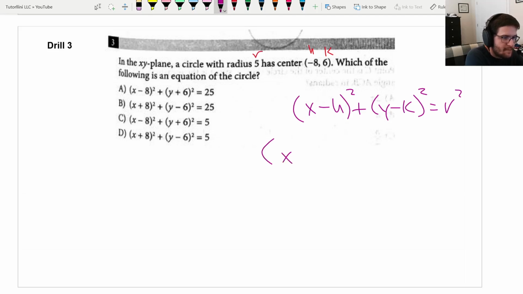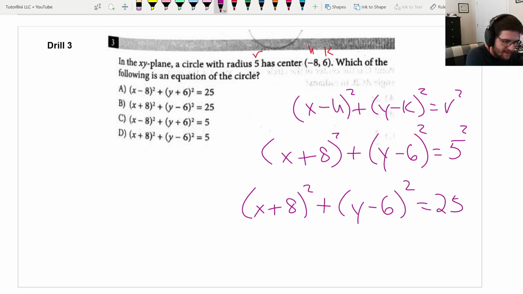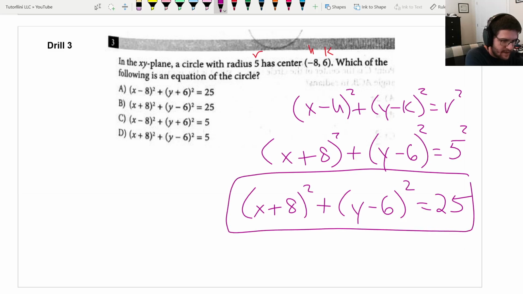So we're going to do x minus negative 8, so x plus 8 squared, plus y minus 6 squared equals 5 squared. And 5 squared is just 25. And I think that's our answer. X plus 8 squared plus y minus 6 squared equals 25. Looks like option B. And that is correct.